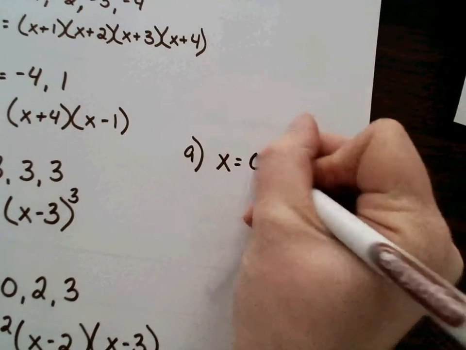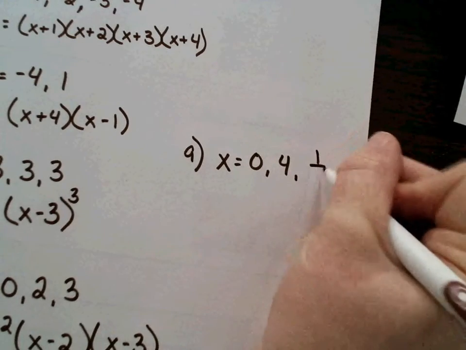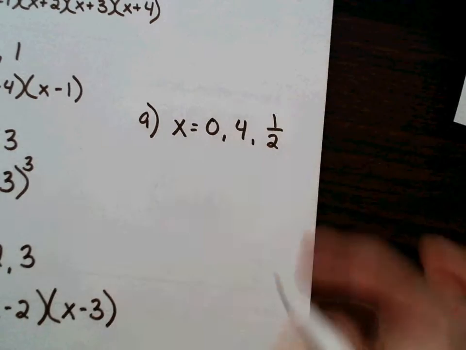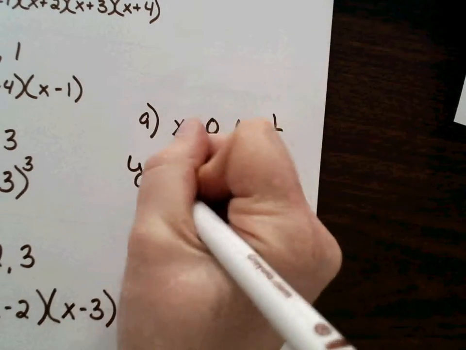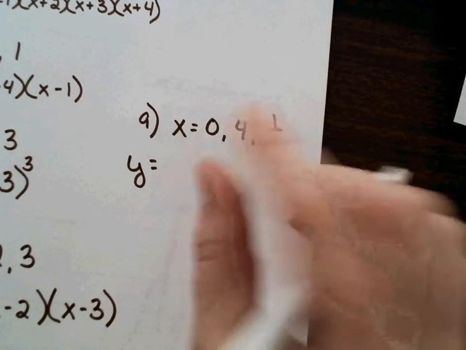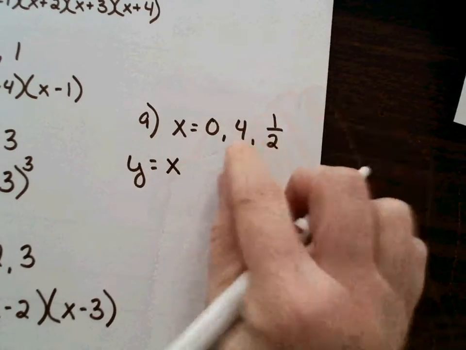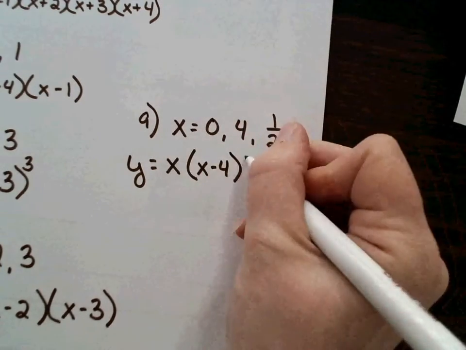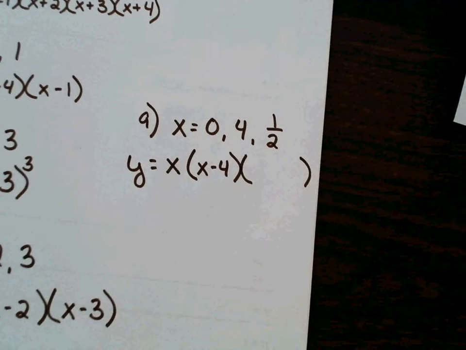So number 9. 0, 4, and 1/2. Okay, so putting a fraction involved. You should be able to do the first 2. The 0 is going to just be an x, and the 4 is going to be x minus 4. Now, you cannot put a fraction or a decimal in factored form.